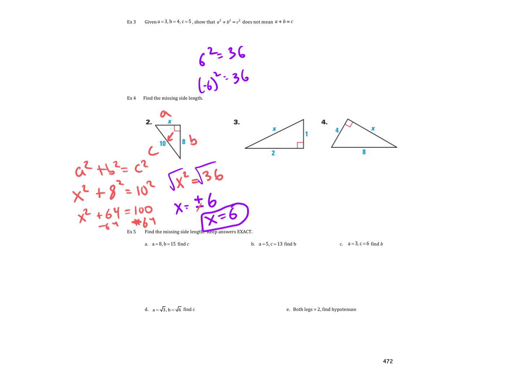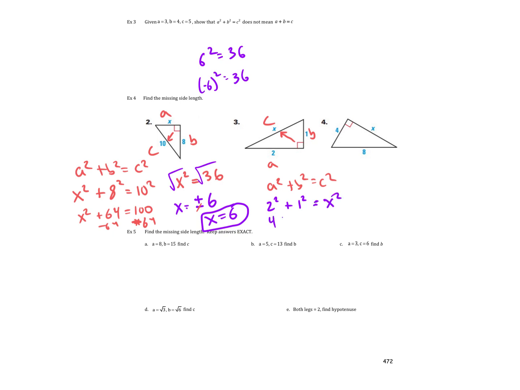So let's try number 3. Label our sides. C is the one across from the right angle, so C would be x here. And then A and B, it actually doesn't matter which leg you call A and which you call B. So I have a squared plus b squared equals c squared. In this one, a is 2, so 2 squared plus b is 1, 1 squared equals c is x, so x squared.